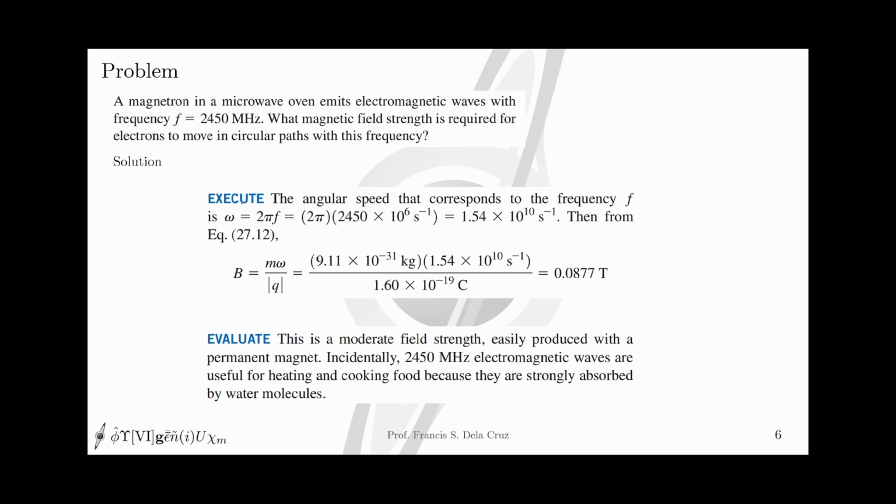Take note that 2.5 gigahertz is somehow in the range of our Wi-Fi. So the same technology is being used in microwave, except that in microwave you are using it to heat the food, not to transmit information. That's our problem.